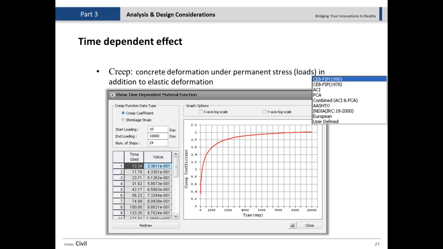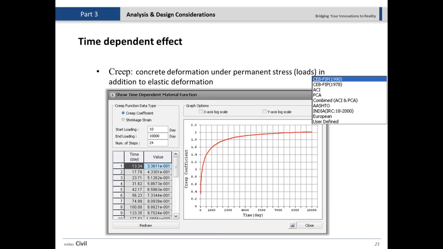So coming back to the analysis requirement, we talked about the construction stages. In the construction stages, we can define different days and ages for the concrete, and we can see the different ages of the concrete at different stages of the construction.